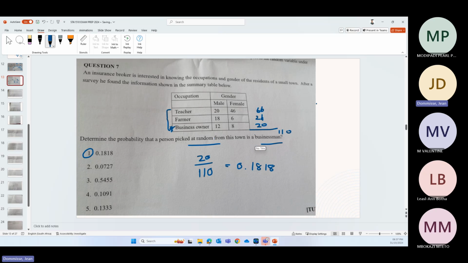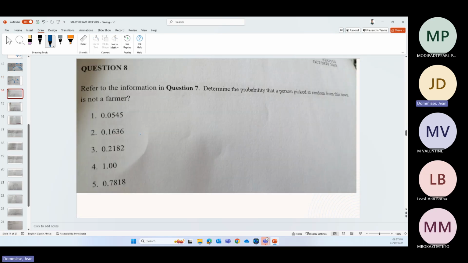Okay, so there's 24 farmers, so not a farmer is 110 minus 24. That is not a farmer. 110 minus 24, which is 86 out of 110. That is 0.7818.